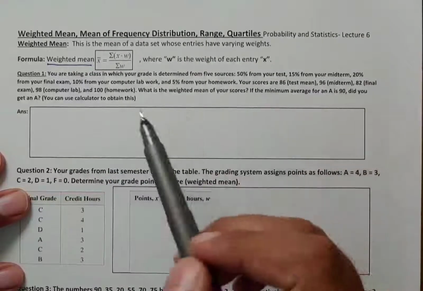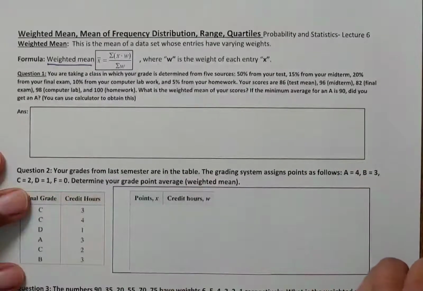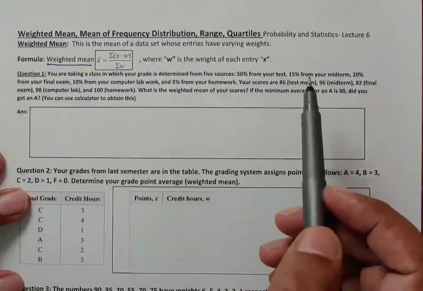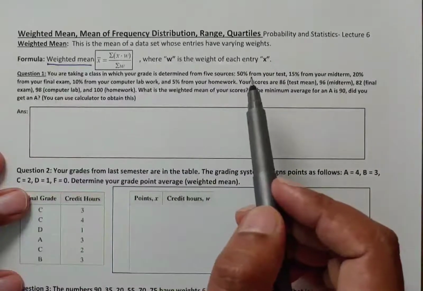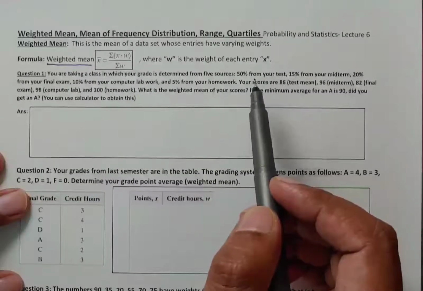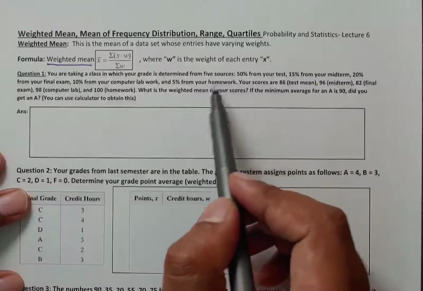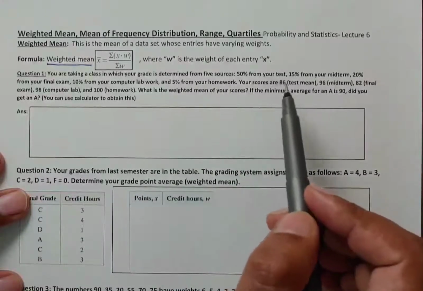Each item has different weights. That's how we usually calculate your overall grade. Not all assignments are the same percentage; some count more and some count less. That is the weight of those items.